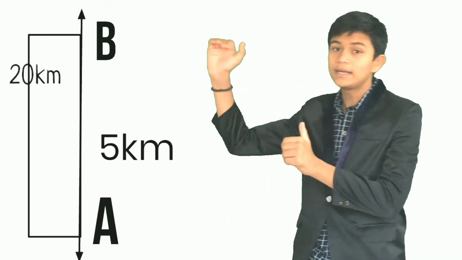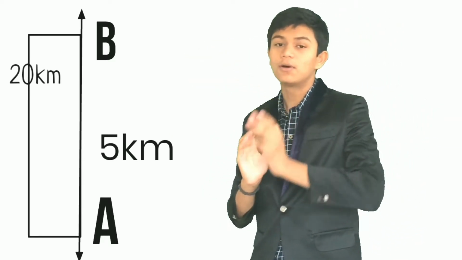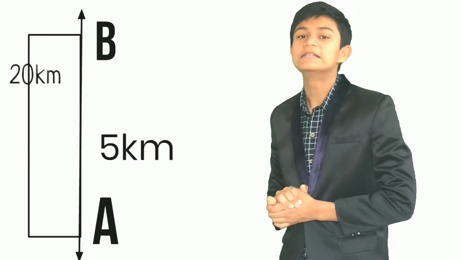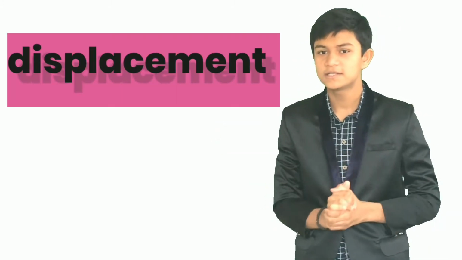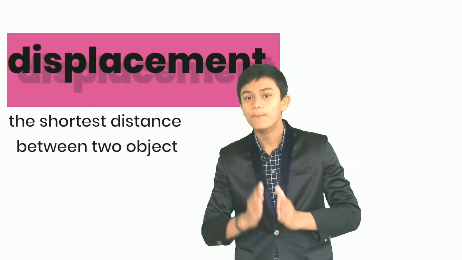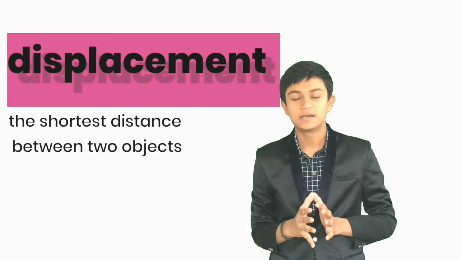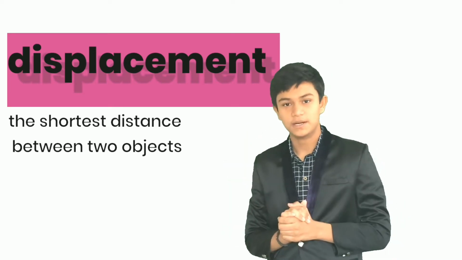Now that 20 kilometers becomes your distance and the other 5 becomes your displacement, and thus we get the definition of displacement: the shortest distance between two objects or two places is nothing but a displacement.